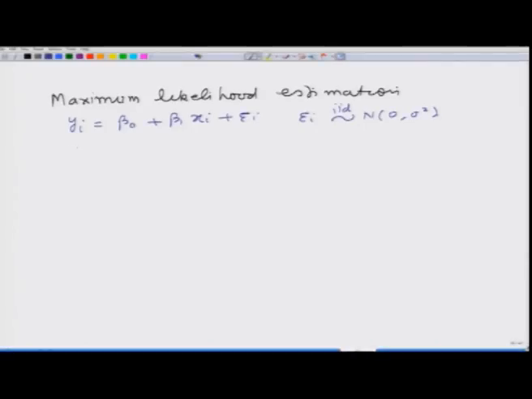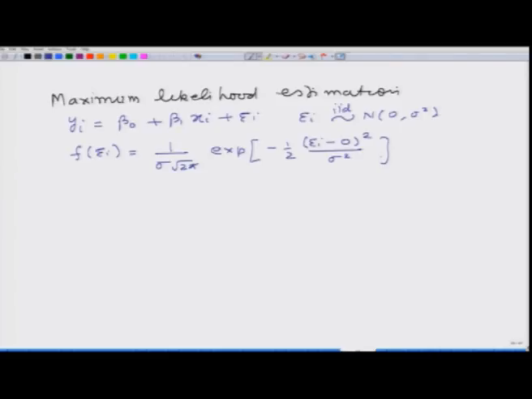We all know that the probability density function of epsilon i is 1 over sigma root 2 pi, exponential of minus 1 over 2, epsilon i minus 0 whole square over sigma square.